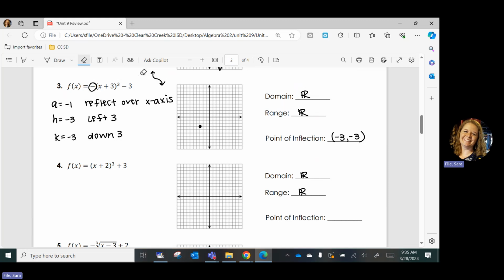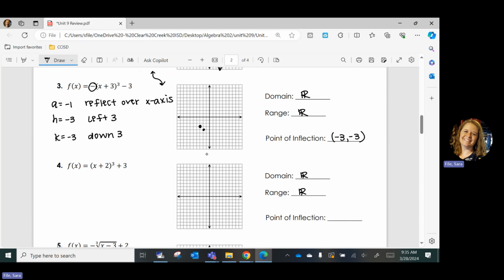So we've got to reverse. The distance that you're moving left and right and up and down are not changing because it's not stretched or compressed. It's still a 1, but it's just going the opposite direction. So instead of right and up, I'm going to go right and down. 1, 1 or 2, 8.